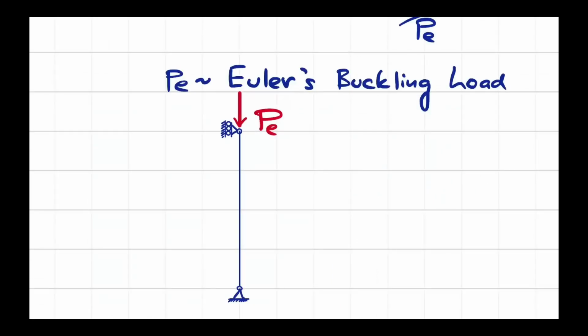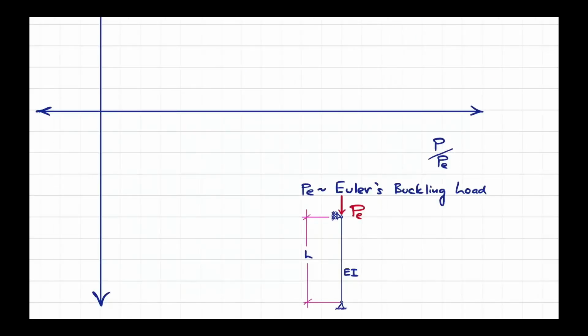This column has length L and cross-sectional property EI.